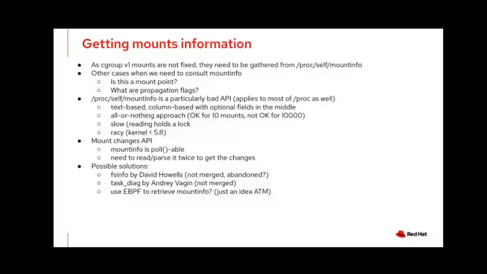Sometimes you want information about a particular mount point, and the only way to do that at the moment is to get the information about all of them by reading /proc/self/mountinfo, parsing it and figuring out the various flags. So it's a particularly bad API, and I can say the same thing about the whole /proc.